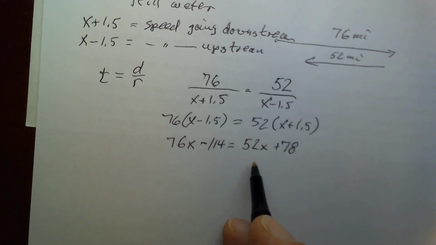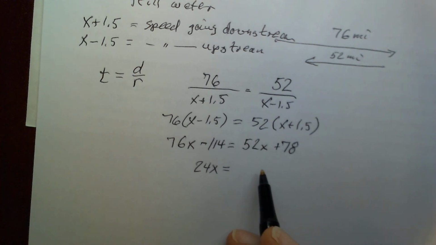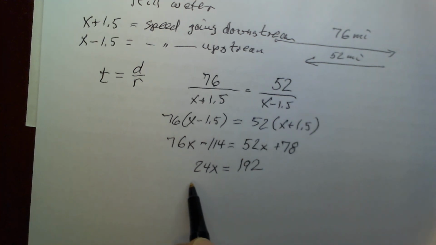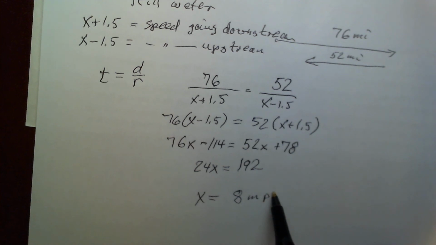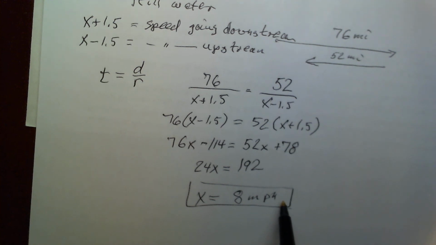We subtract 52x on both sides, so we have 24x. And we add 114 to both sides. That gives us 192. Now we divide both sides by 24, so x equals 8 miles per hour. So that is the speed of the boat in still water.